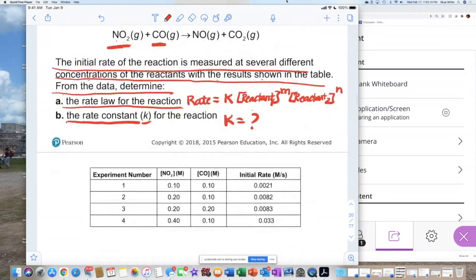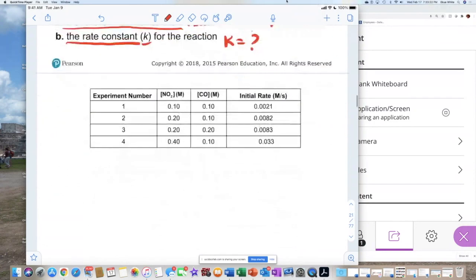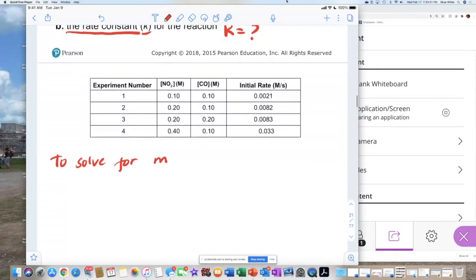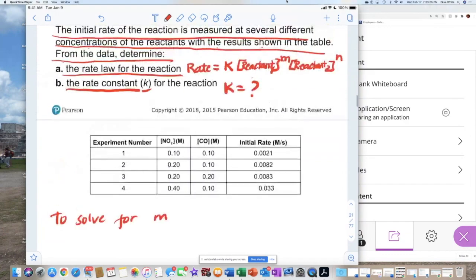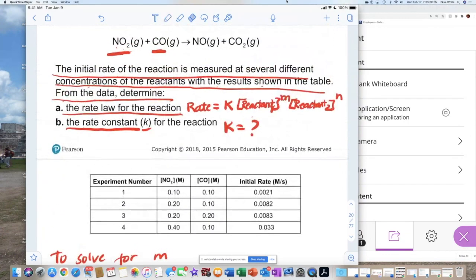Okay? Well, how do we solve for M and N? Let's start with M. I will write my rate law. I need my balanced equation though, so let me copy this over.